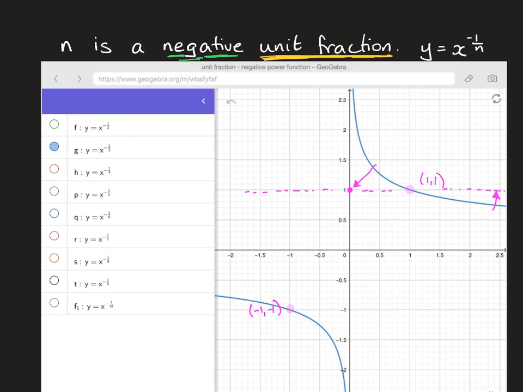Let's put on some other ones with our denominator increasing and see what happens. So the blue one is x to the power of -1/3. That one is -1/5. That one is -1/7. And -1/9. And again, you can see the pattern at the top is the same.